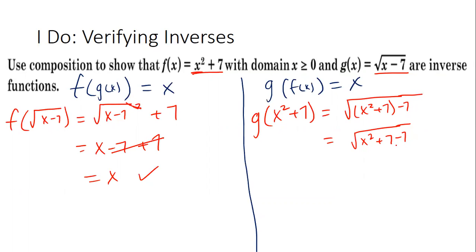What happens to my 7s? They cancel out, so I'm left with the square root of x squared. And the square root of x squared is x. Since this is true, then we can say that f of x and g of x are inverses.